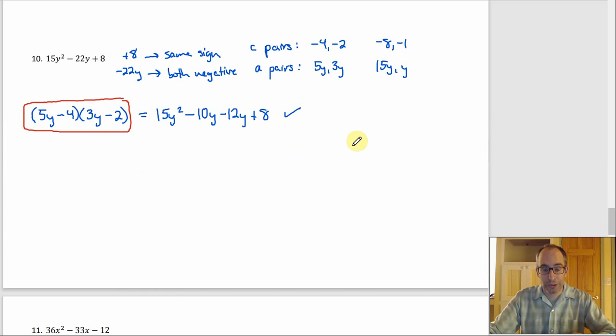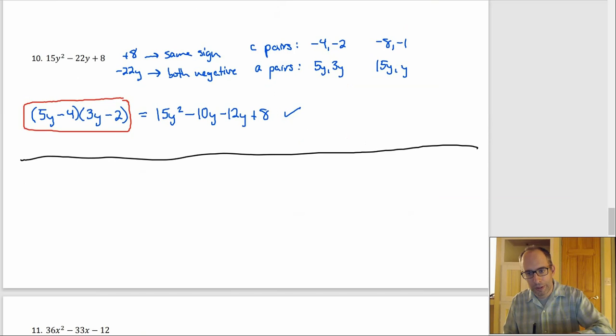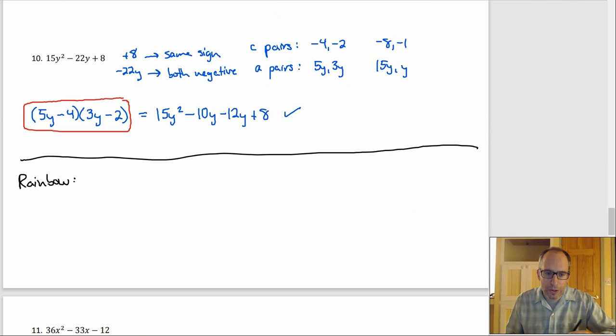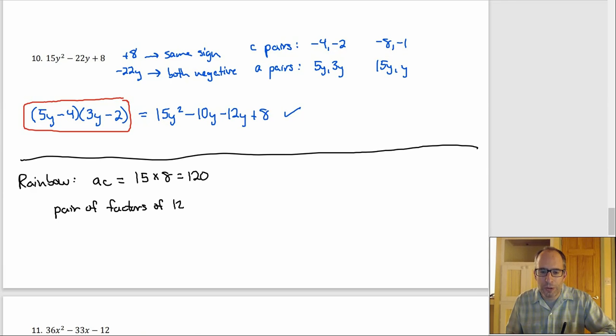And I guess if you were going to use the rainbow method, since I've got the space here, I could write this in. All right, so if you were going to use the rainbow method, A times C would be 15 times 8, which is 120, and then your pair of factors of 120 that sum to negative 22.